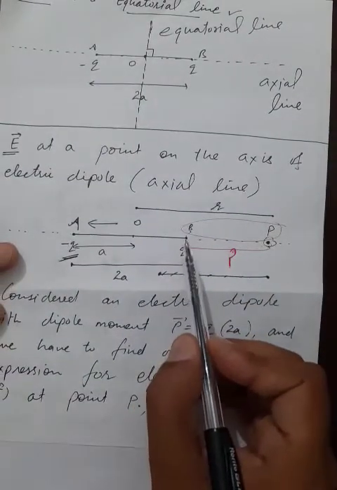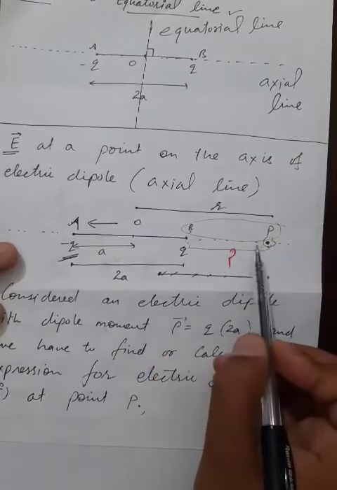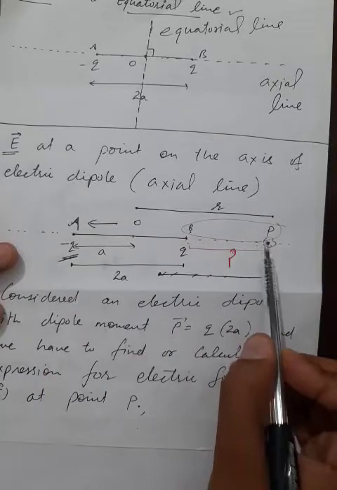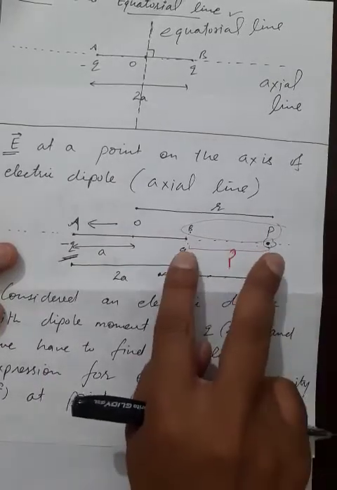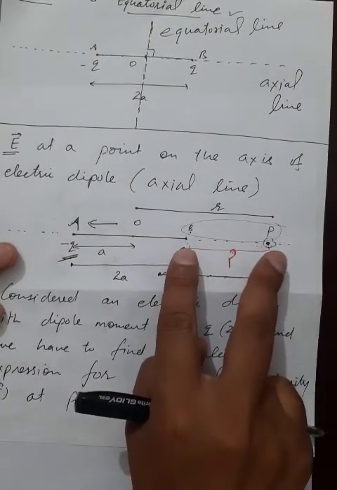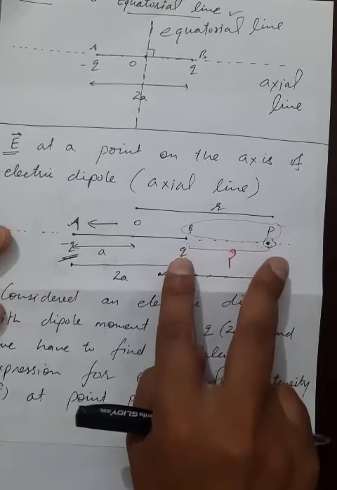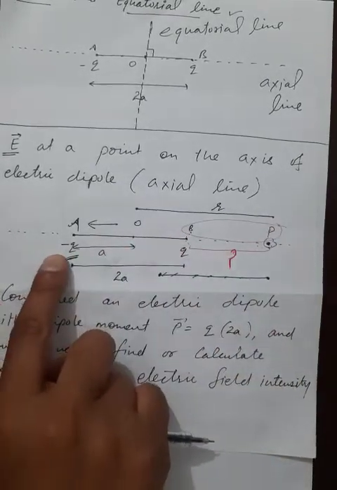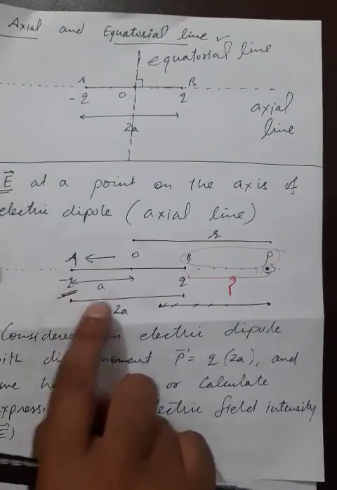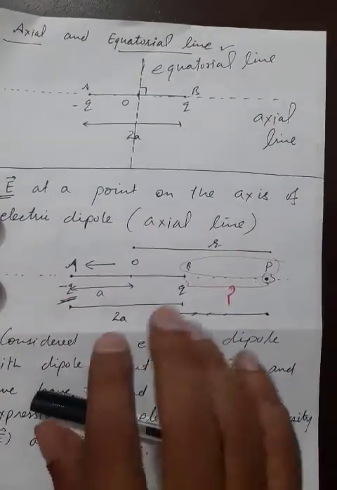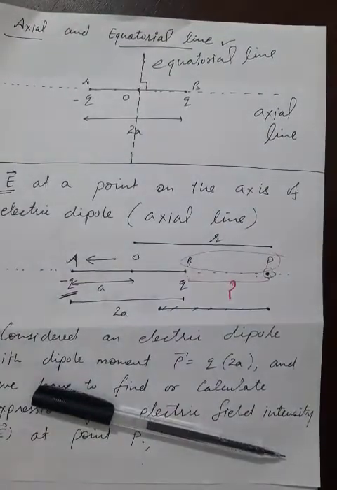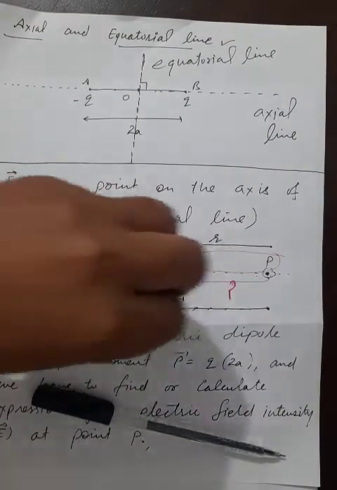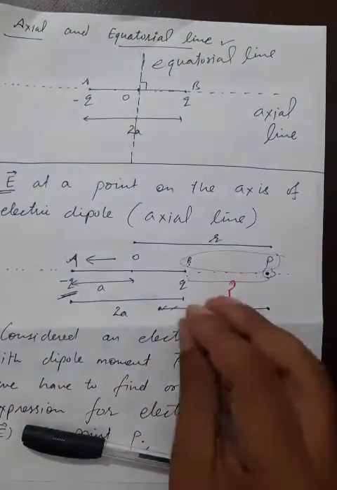So at point P the electric field intensity due to the charge at point B is E2 and due to the charge at point A electric field intensity at P is E1. So resultant electric field intensity will be the electric field intensity due to charge at point B minus electric field intensity due to charge at point A. We subtract because E1 and E2 are in opposite direction, because electric field is toward the charge for the negative charge and away from the charge for the positive charge.